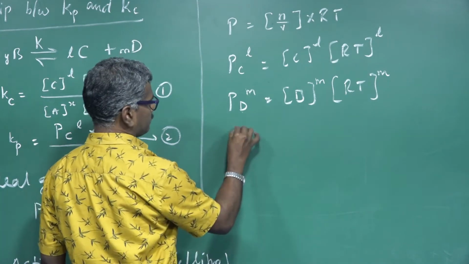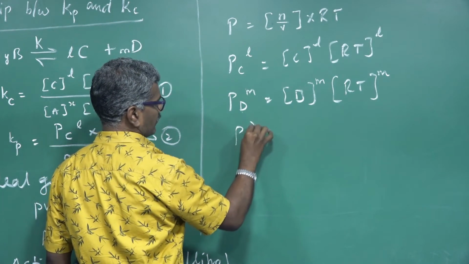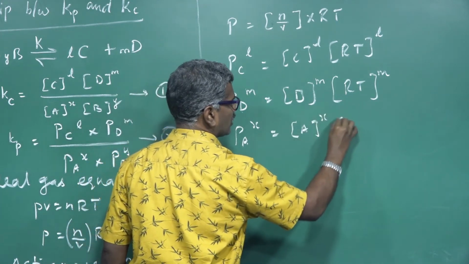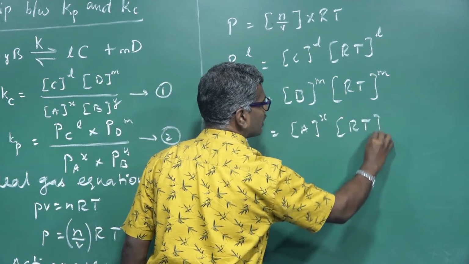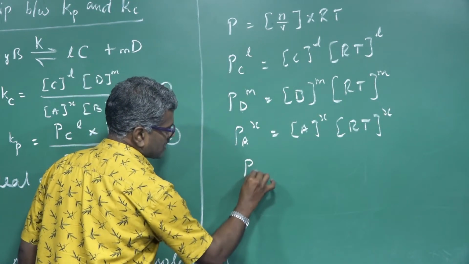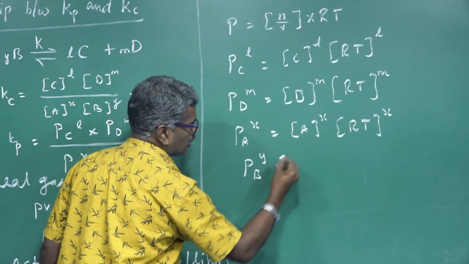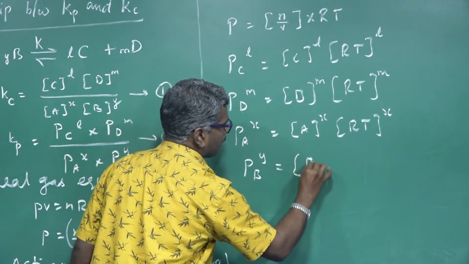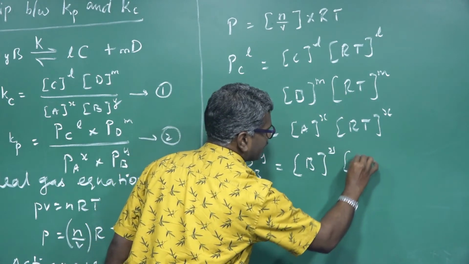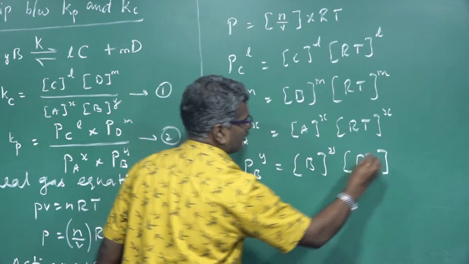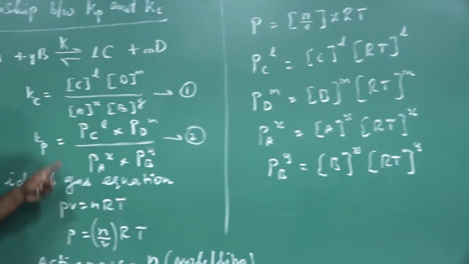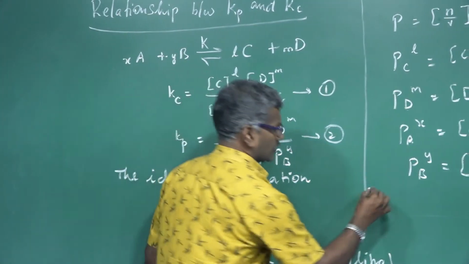Partial pressure of A to the power x is the concentration of A to the power x into RT to the power x. Partial pressure of B to the power y is the concentration of B to the power y into RT to the power y. Now substitute all these terms into equation 2.